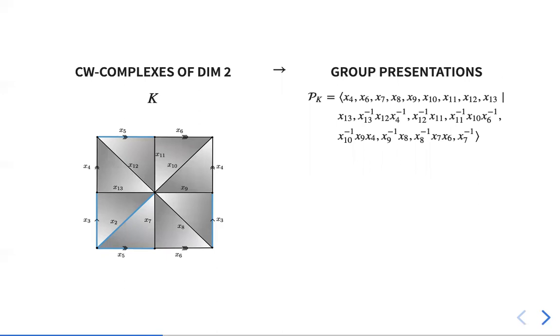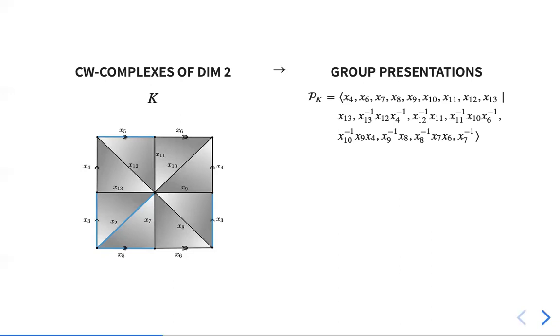First step, you identify a spanning tree in the one skeleton, which is depicted in blue here. And you can obtain this presentation that is known as the standard presentation associated to the complex. You have a generator for each cell of dimension 1 that is not in the tree, and you have a relator describing the attaching map of the two cells.